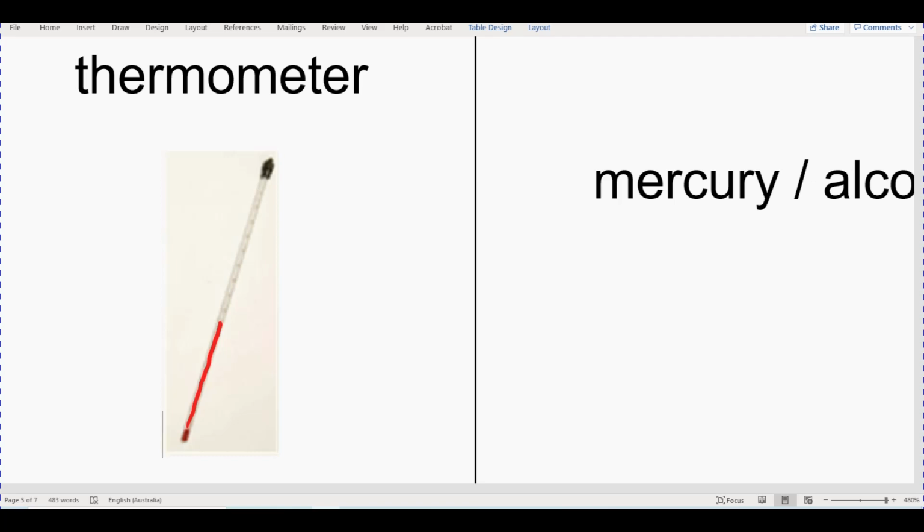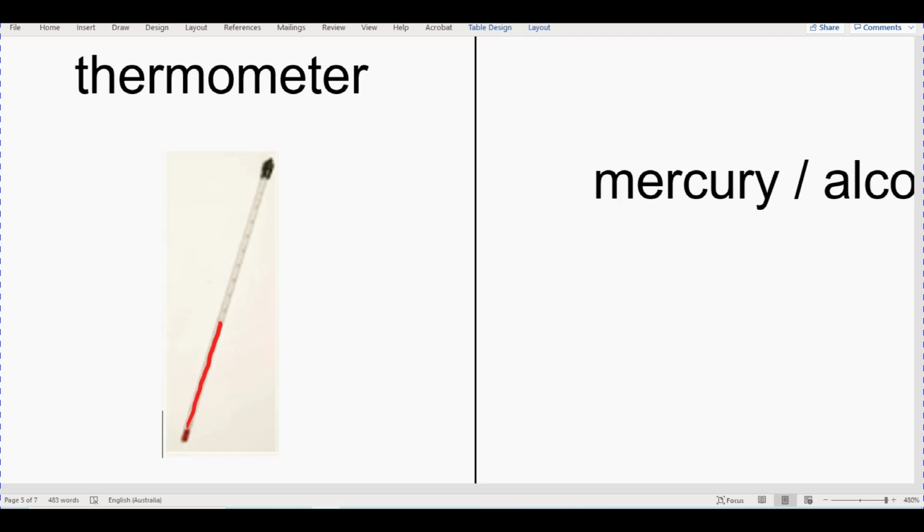If it's mercury, then it's silvery in color, so you can see. If that's alcohol, they would have some coloring in the alcohol to make it look red.